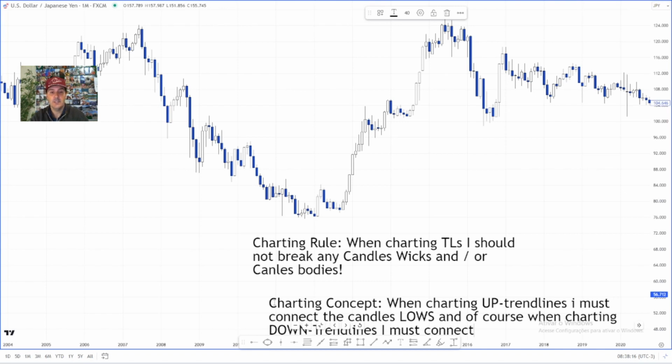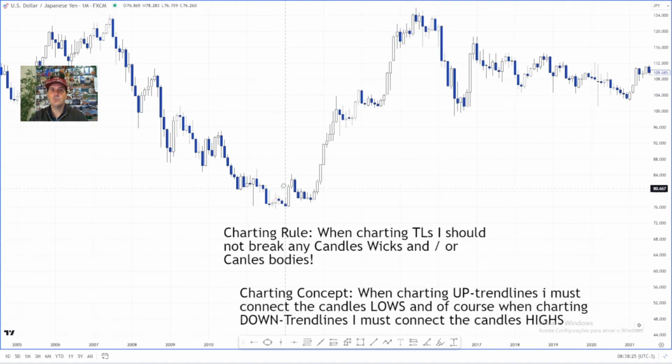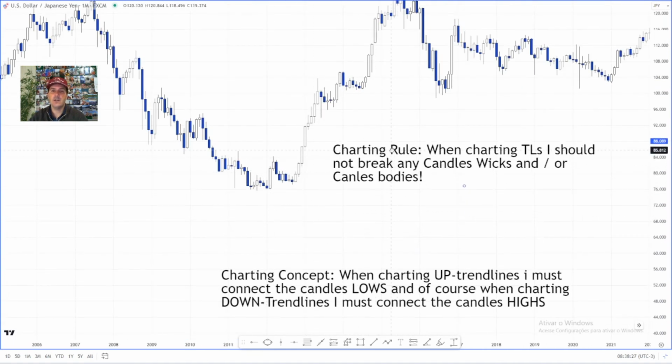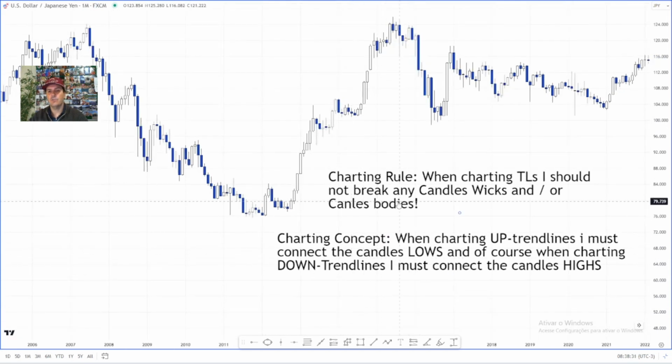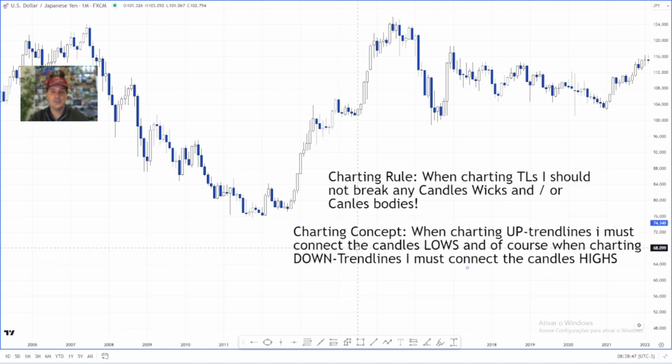When charting down trend lines, I must connect the candles' highs. Don't worry, this is one of the easy lessons. So charting rule: when charting trend lines, I should not break any candles' wicks and/or bodies. Charting concept: when charting up trend lines, I must connect the candles' lows, and when charting down trend lines, I must connect the candles' highs.